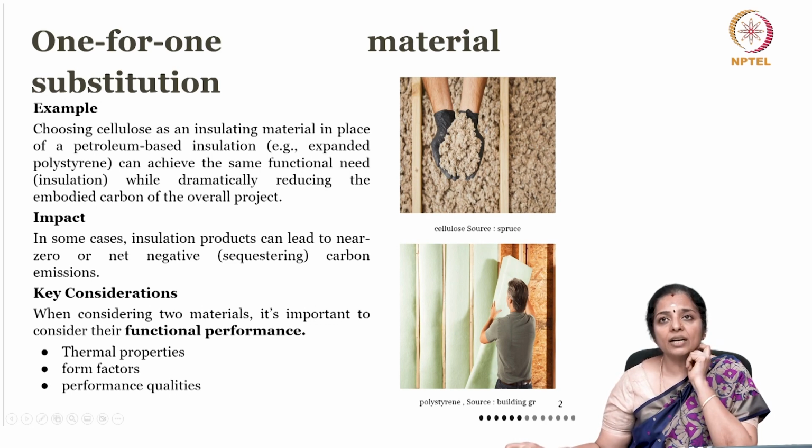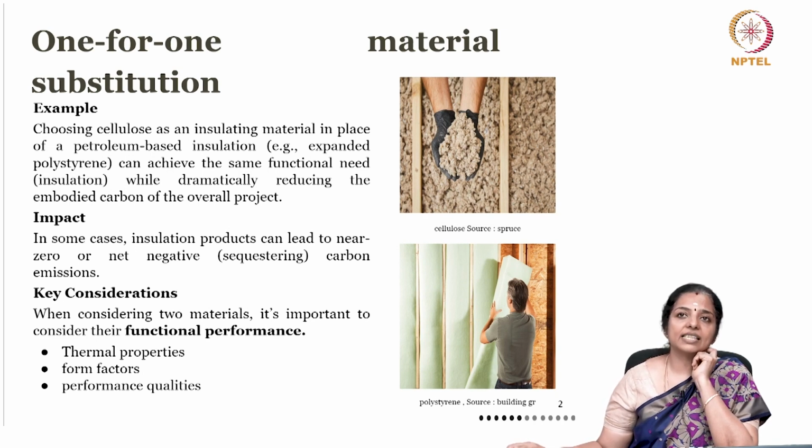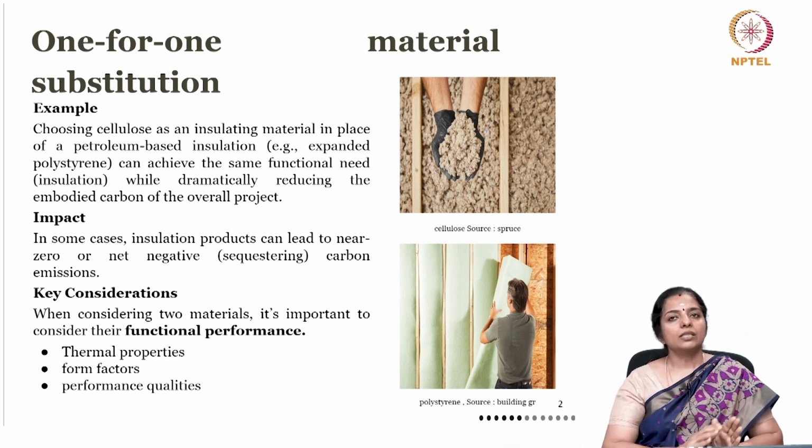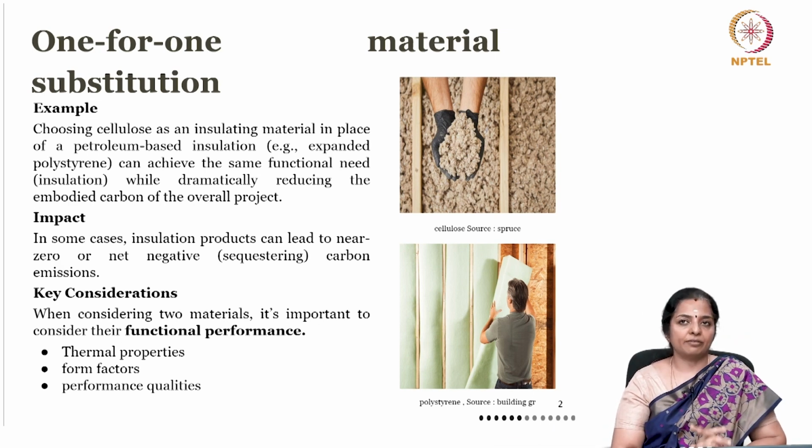Now, material replacement and specification naturally occurs later in the design process when the project is more defined. So, substituting and specifying low embodied carbon materials alone can have a very significant impact on the embodied carbon of a construction or even a renovation project.